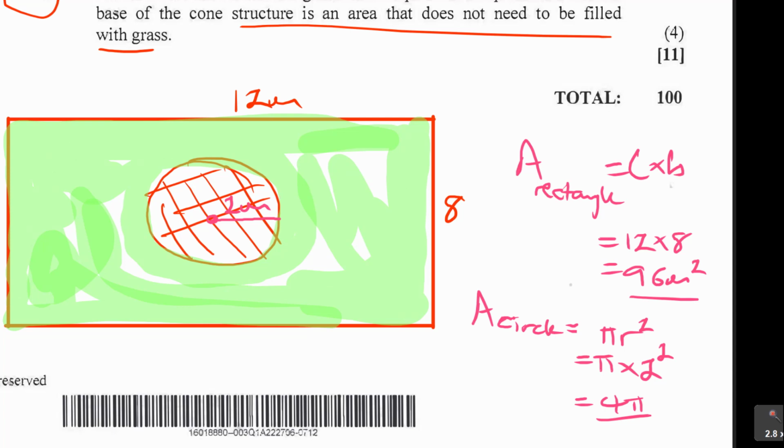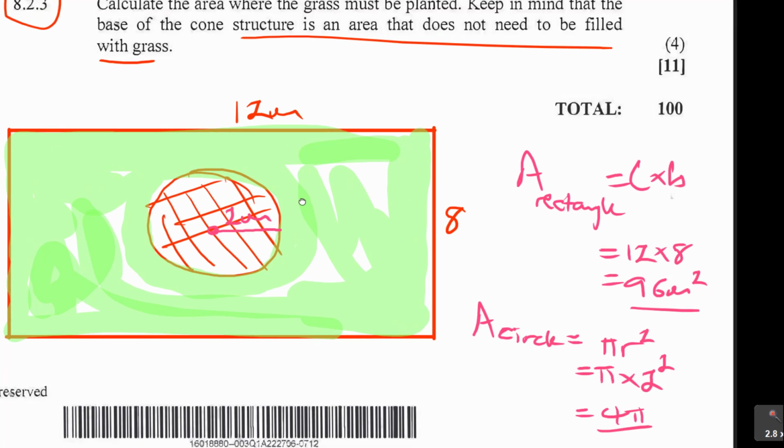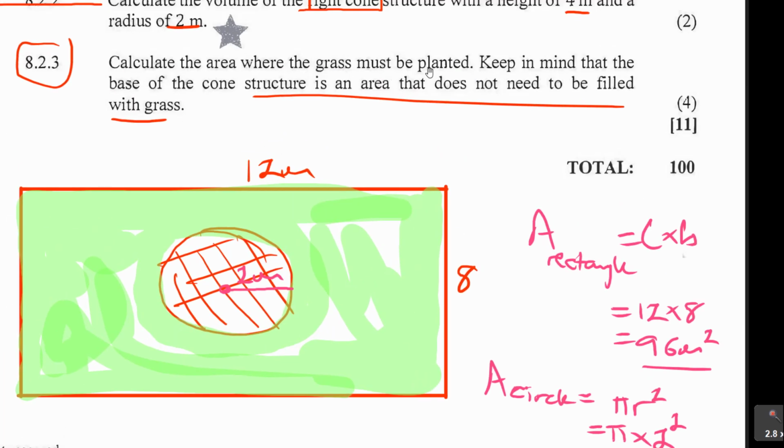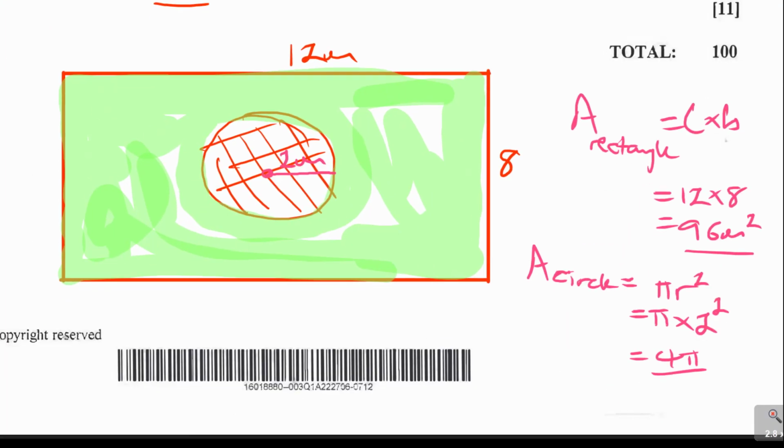Now the question is, they said calculate the area where the grass must be planted. Remember, when you found the area of the rectangle, it included everything, including the inside of that circle, but you have to subtract now.